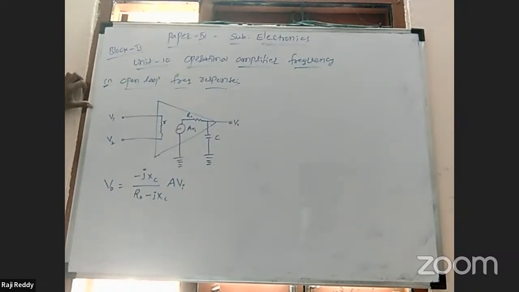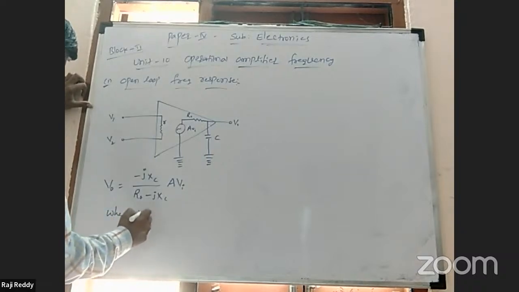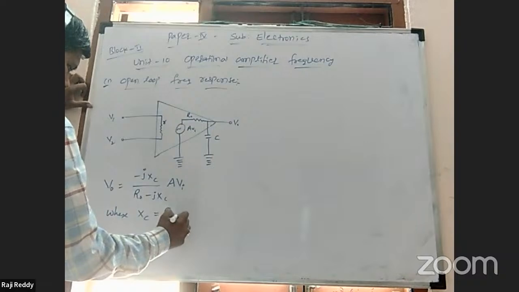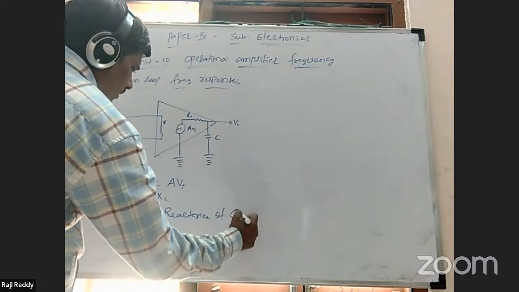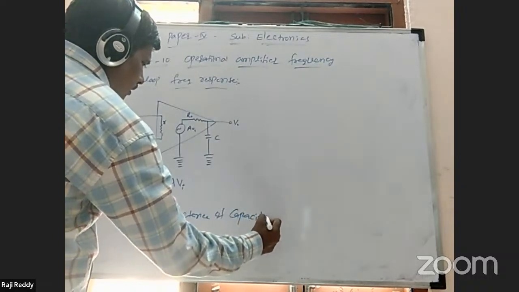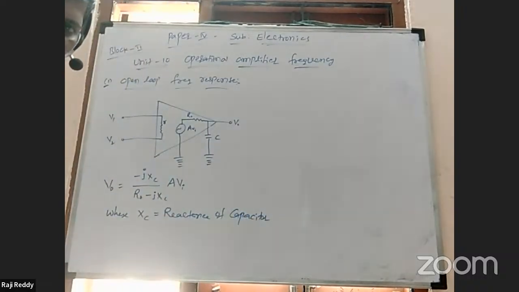Where XC is the reactance of the capacitor. It means the resistance offered by the capacitor. The resistance offered by the capacitor is called the reactance of the capacitor.